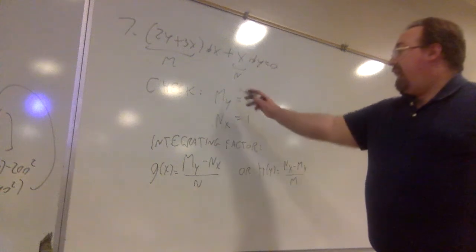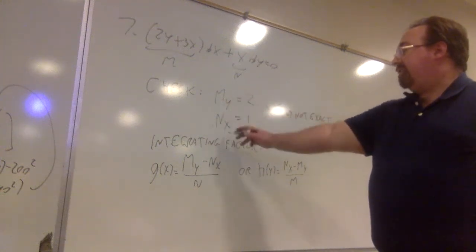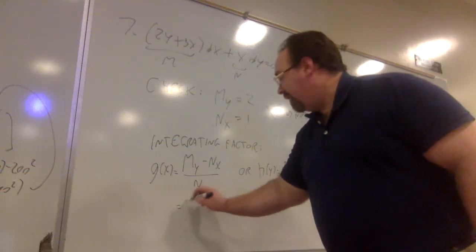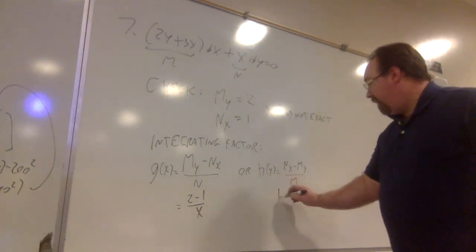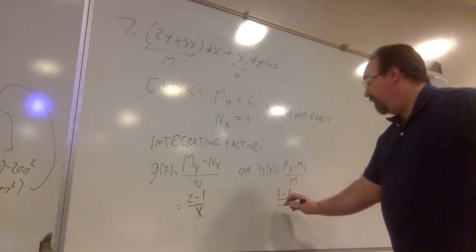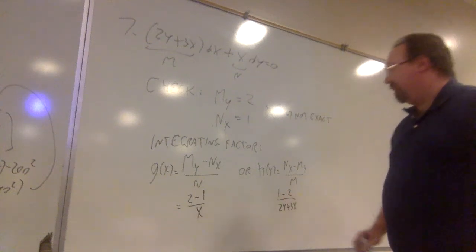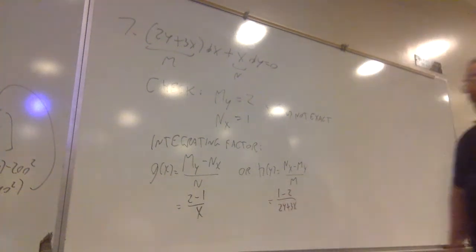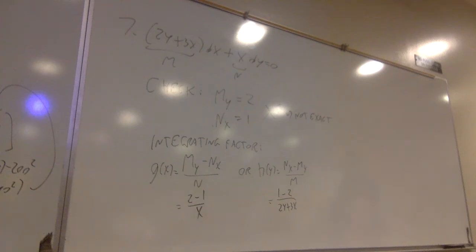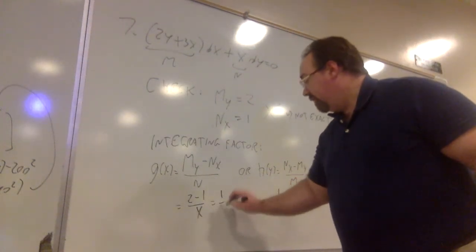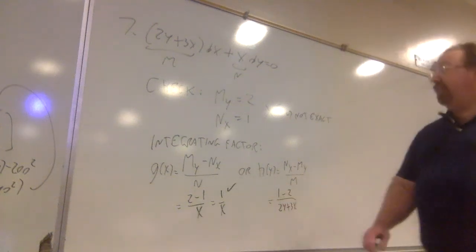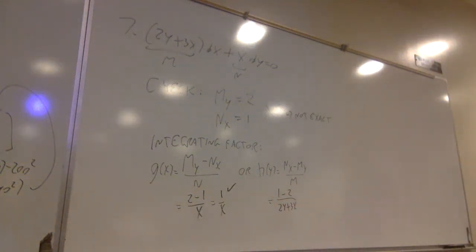My minus Nx gives 2 minus 1 over x, or we have 1 minus 2 over 2y plus 3x. The one on the left is the one that works, since it is a function of only x.